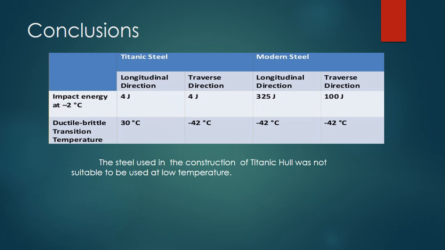And you can also see that the DBTT is 30 degrees centigrade, which is somewhat higher. Below 30 degrees centigrade the material becomes brittle. So we can finally conclude that the steel used in the construction of the Titanic was not suitable to be used at low temperature.